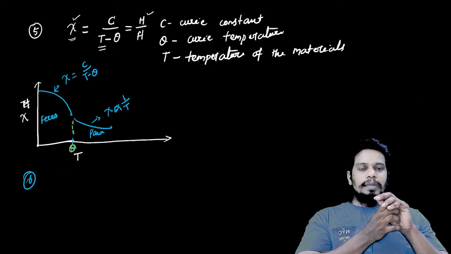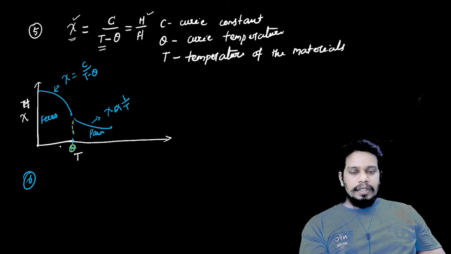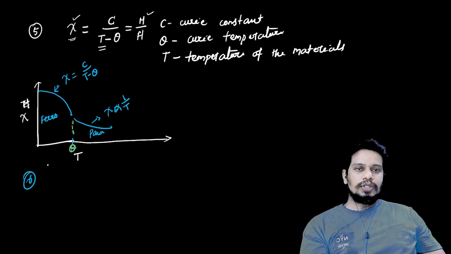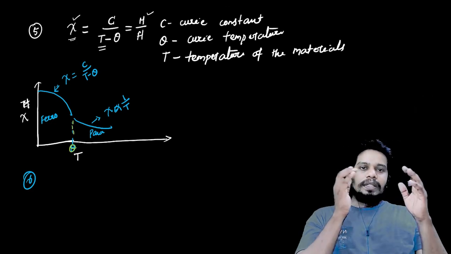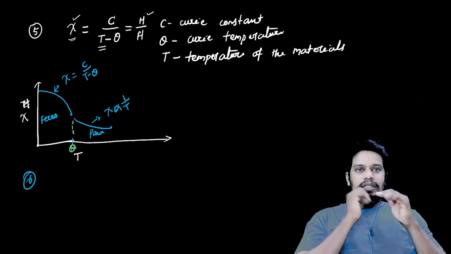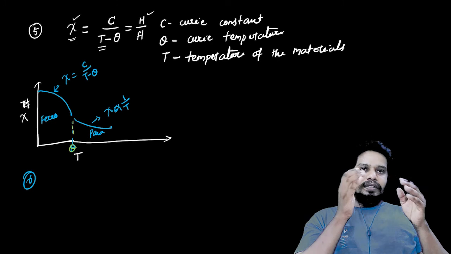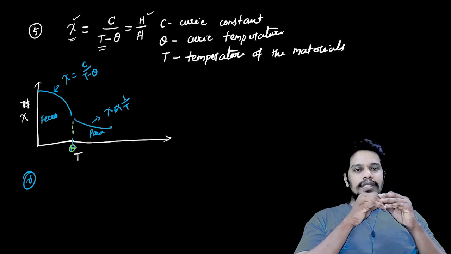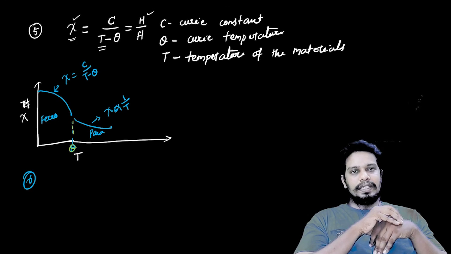Another important property of the ferromagnetic material: the susceptibility will be huge and positive, and the permeability is much greater than one. It has spontaneous magnetization, and it has a lot of unpaired electrons.